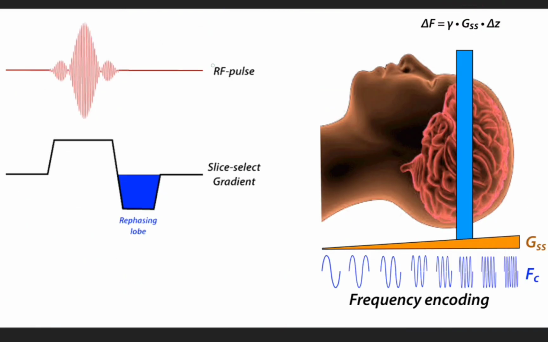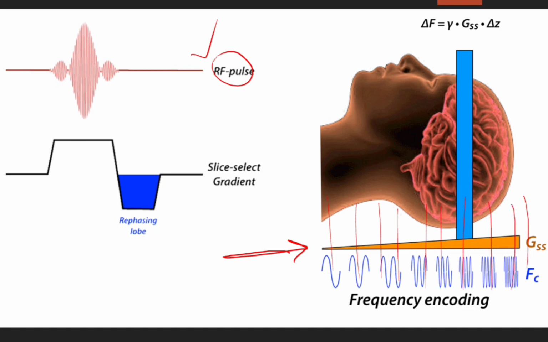Here you can see the RF pulse we are applying and the slice selection gradient is applied. Each and every point has a different frequency, as you can see in this diagram.